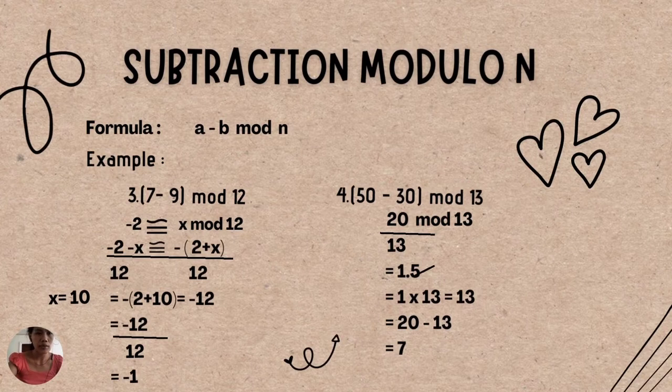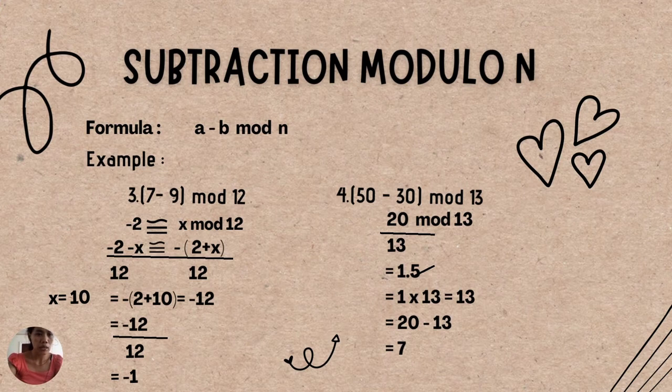Third example, our formula is a minus b mod n. Number 3, 7 minus 9 mod 12 equals negative 2. So negative 2 is congruent to x mod 12. By definition, negative 2 plus x over 12. So, let's find the value of x.